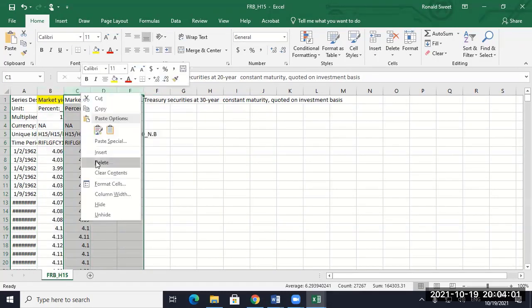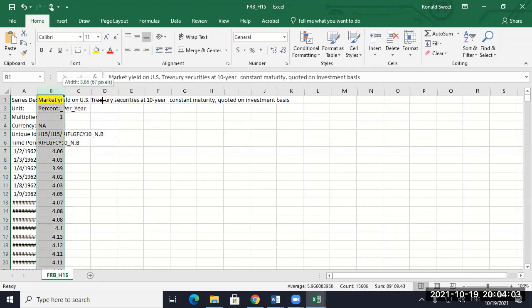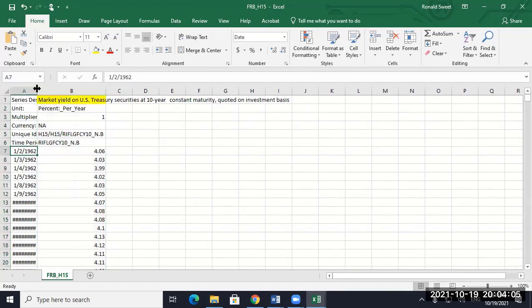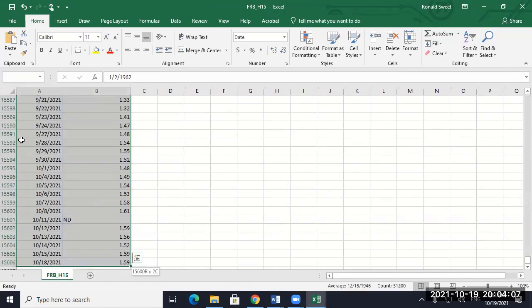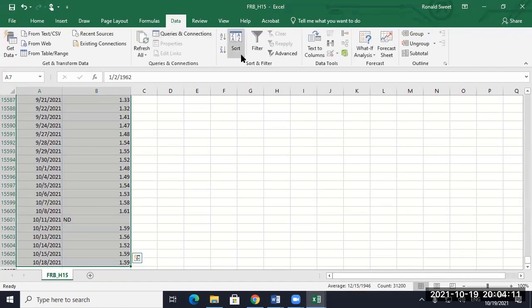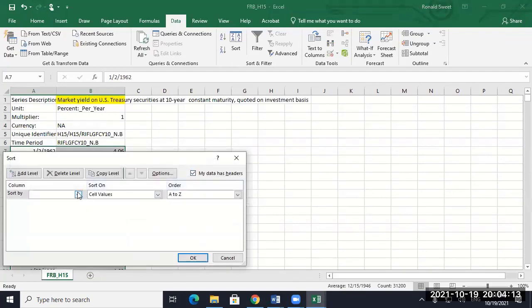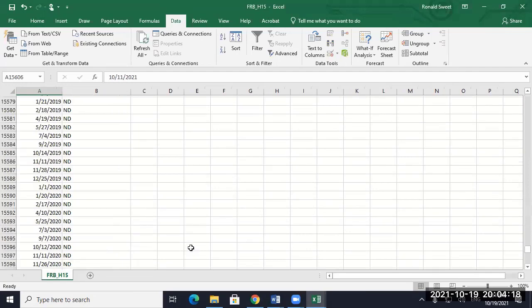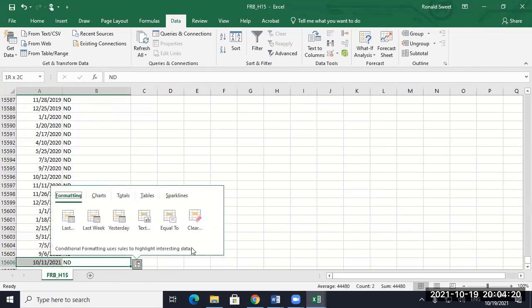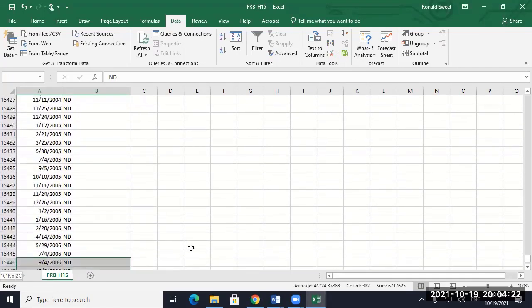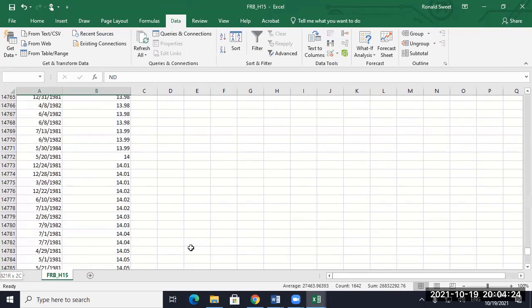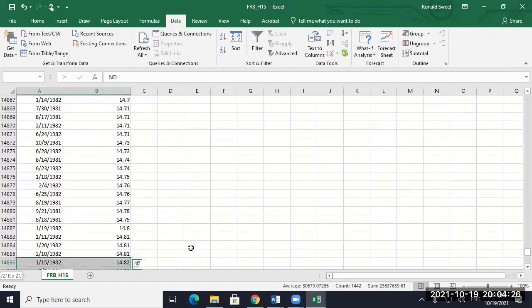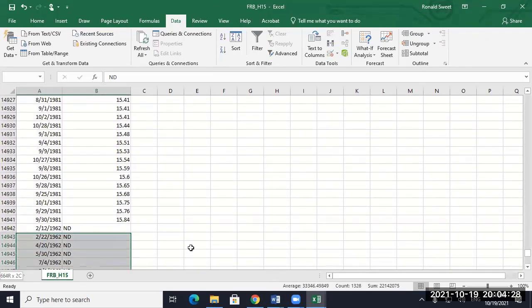If you want to talk about the fact that the yield is just so low right now, you do have to get rid of the no data. And I don't know why the Fed puts that in there. So it takes me a second to get rid of that. Every holiday. So if you want to know every holiday in the last 60 years, there they are.